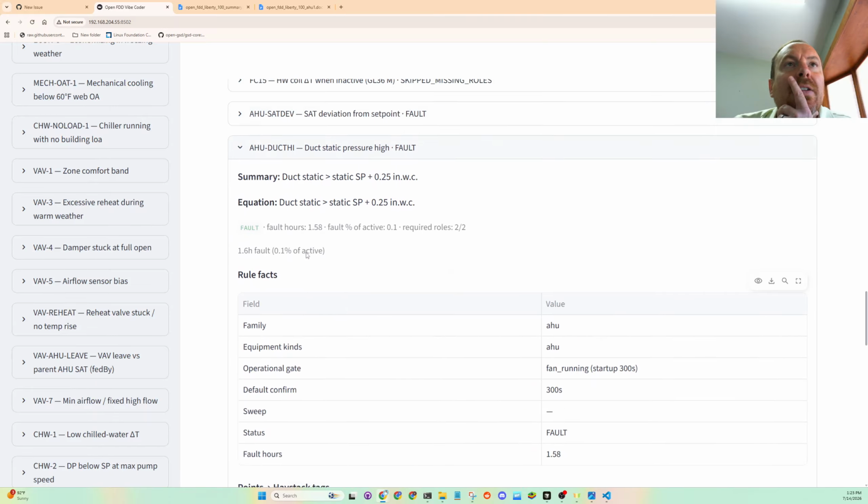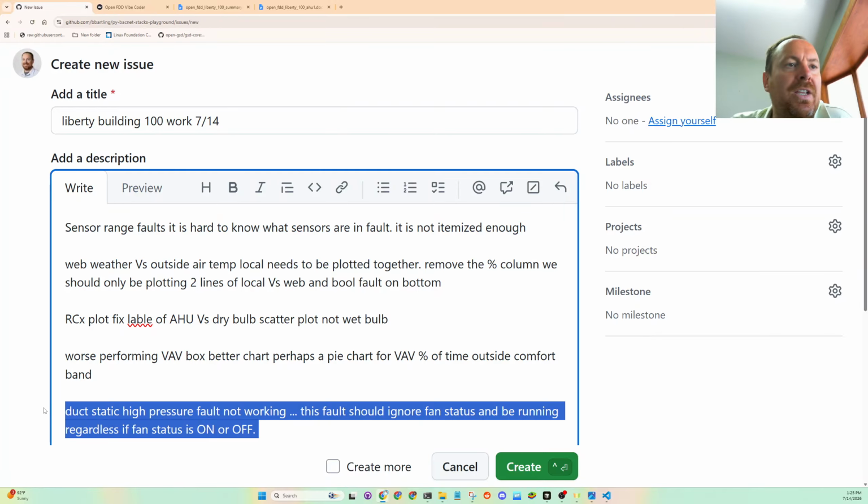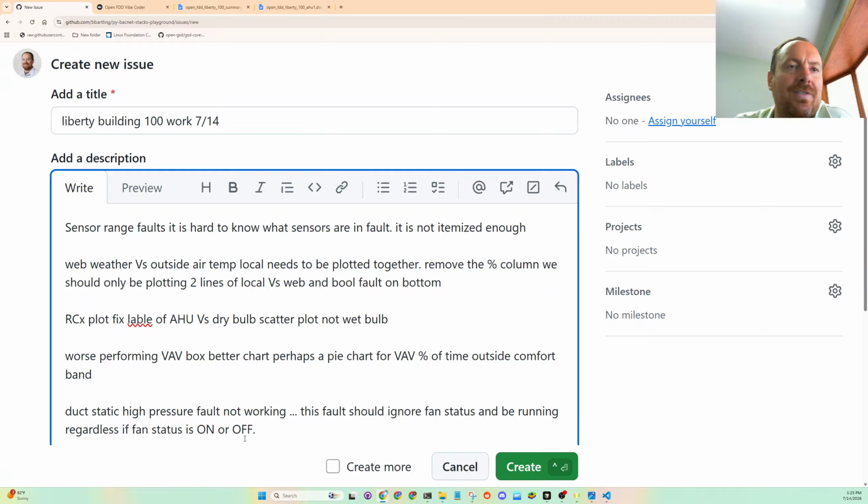This fault should ignore fan status and be running regardless of fan status. I have a feeling this fault is not picking this up because the fan status might be functioning.